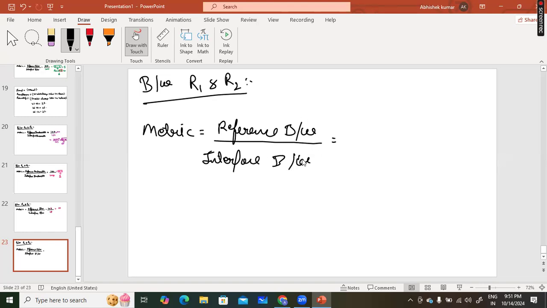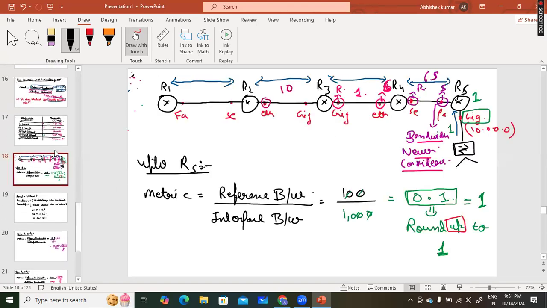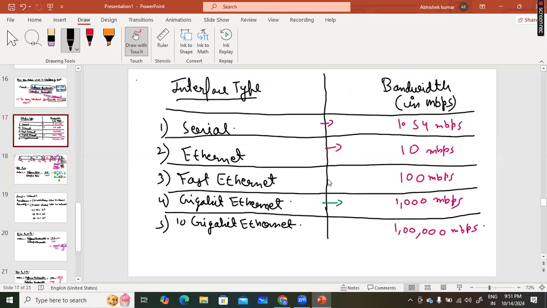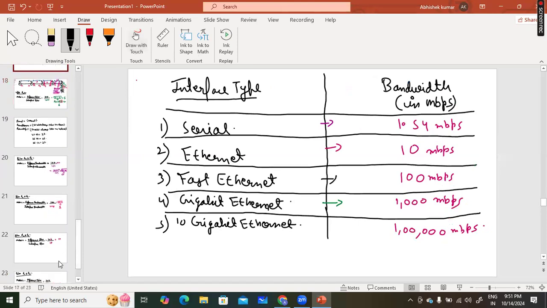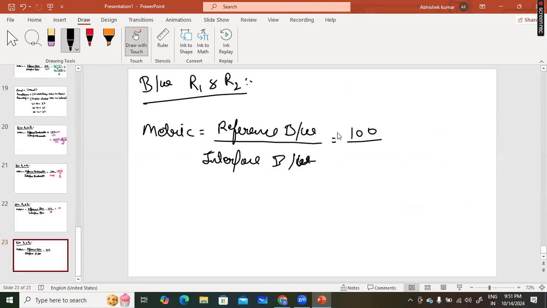So 100 upon, tell me which interface bandwidth is to be considered. Fast Ethernet. Exactly, Fast Ethernet. And what is the bandwidth for Fast Ethernet? 100 Mbps. Exactly. 100 upon 100 is 1.